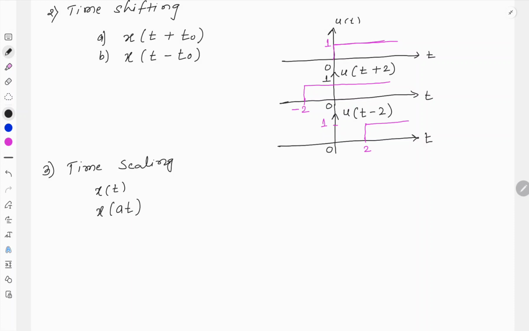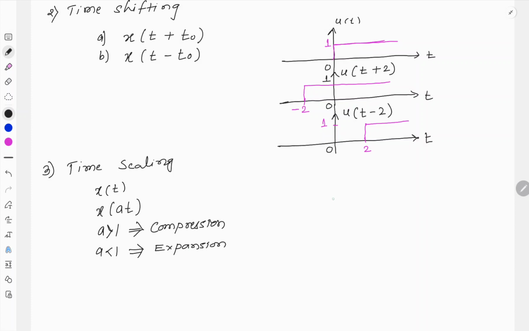Remember here, in every operation we are always operating on the time parameter. Now here, if the value of a is greater than 1, this operation is called compression. So we are compressing the signal. And if this a is less than 1, this operation is called expansion.